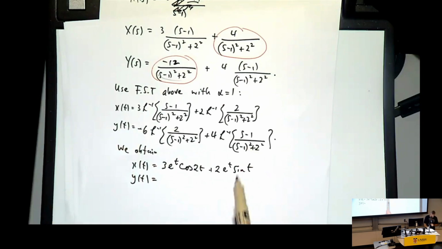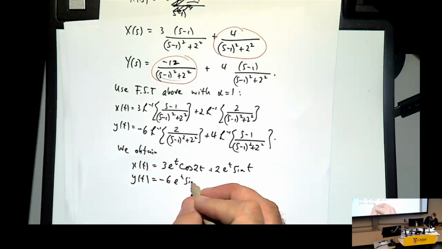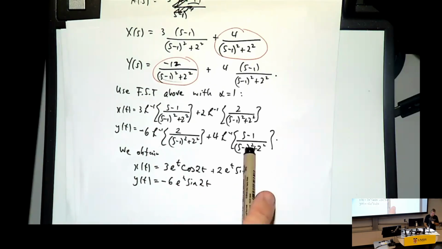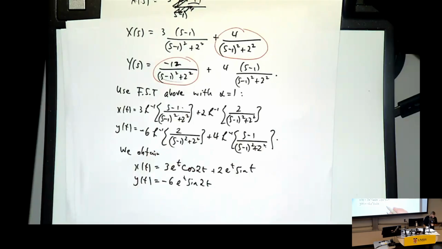And over here, this is basically the same as that. So you're going to get the same transform over there, just multiplied by 4.